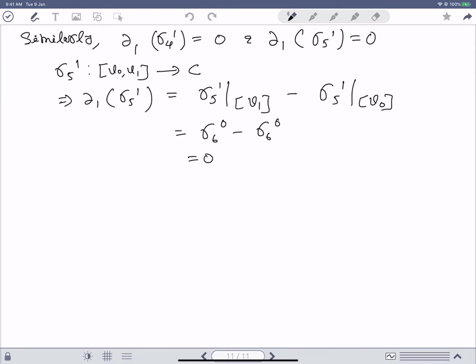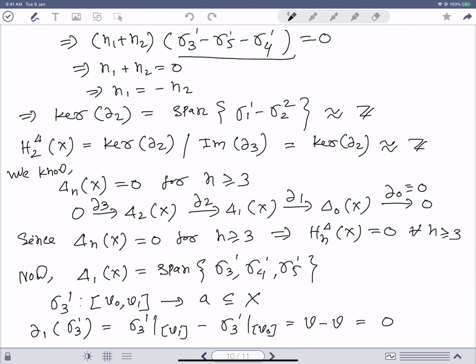Or you can write just v minus v. Here we have written v minus v, right? So better to write, since it is a map, sigma 6 0 minus sigma 6 0, that is 0. Or you can write v minus v equal to 0. That is also correct, because this map is uniquely determined by the point v.